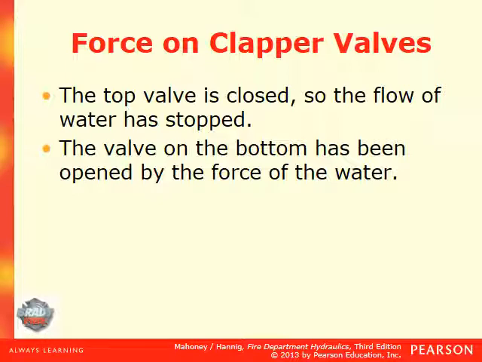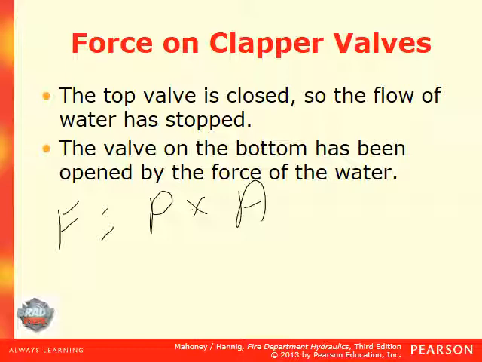All right, our answer: to open a valve, a force greater than the force holding it closed must be provided. The force holding the valve closed is what? Force equals P times area.